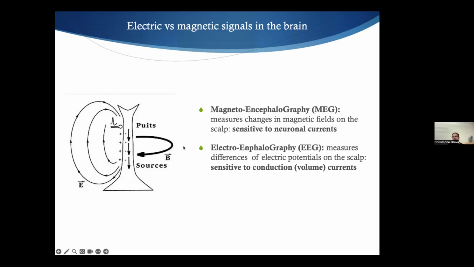That's going to generate EEG. That's also the reason why for EEG you need an active conductive contact. All of you who have installed EEG know you need gel to make an electrical contact, which is not the case when we measure MEG, because we just need a coil to measure a magnetic field.